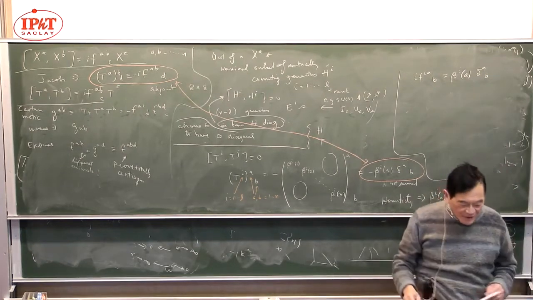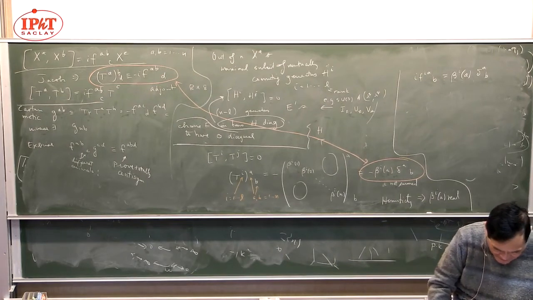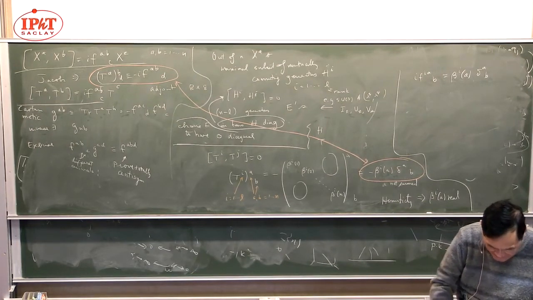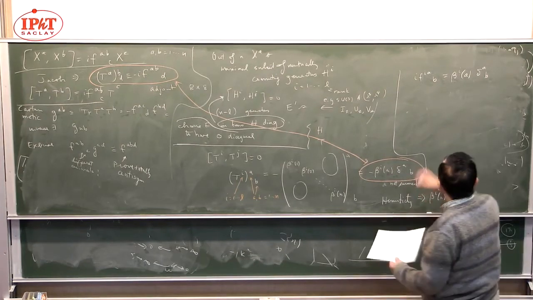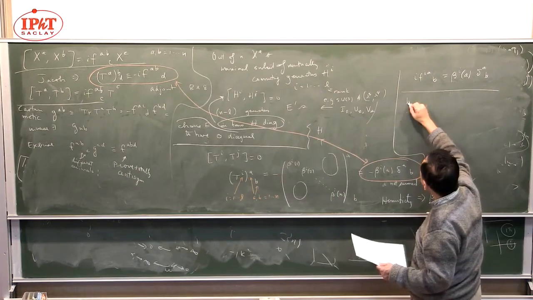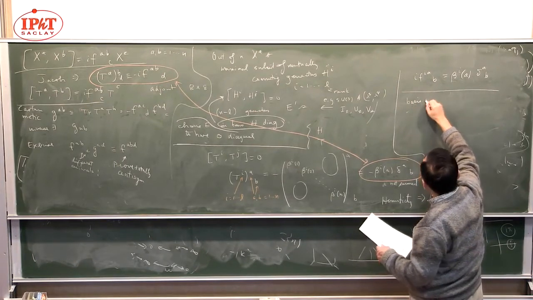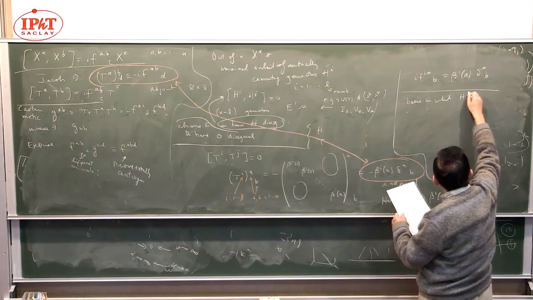We'll use this relationship shortly, but it bothers me to even write things like this. Okay. Now, remember, everything is now going to be in the basis, I won't write this again, in which the HI's are diagonal.